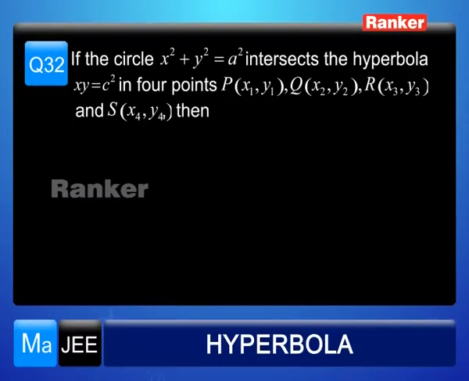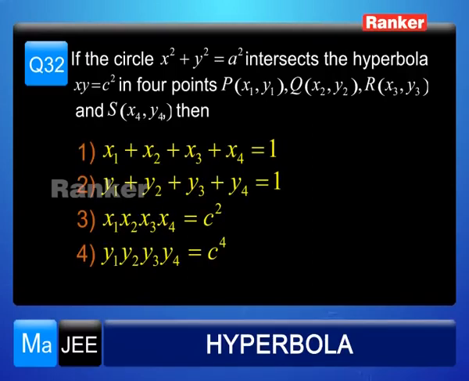If the circle x square plus y square equal to a square intersects the hyperbola xy equal to c square in 4 points P with the coordinates x1, y1, Q with the coordinates x2, y2, R with the coordinates x3, y3 and S with the coordinates x4, y4, then first option says x1 plus x2 plus x3 plus x4 is equal to 1.